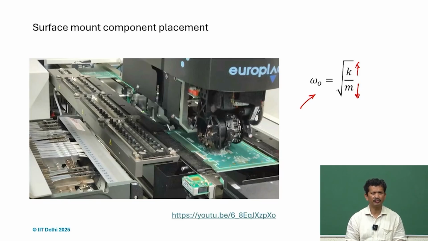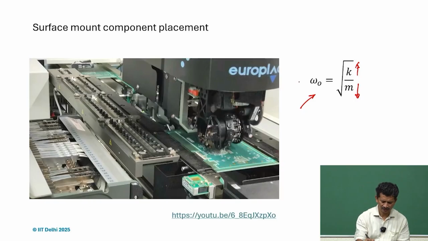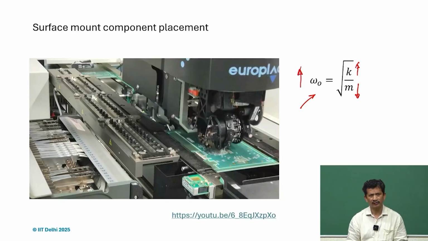So, we try to optimize, we try to use less material, high strength materials, materials with high E values, but at the same time we configure it in such a way that we get a very high K, so that ultimately we can get high omega 0 and a very good dynamic performance.